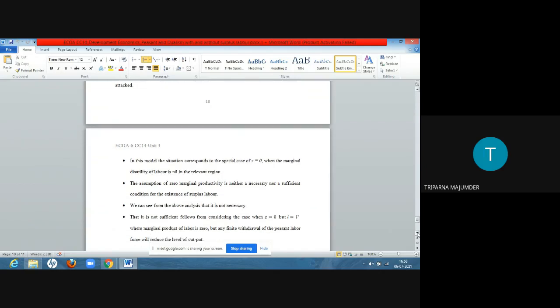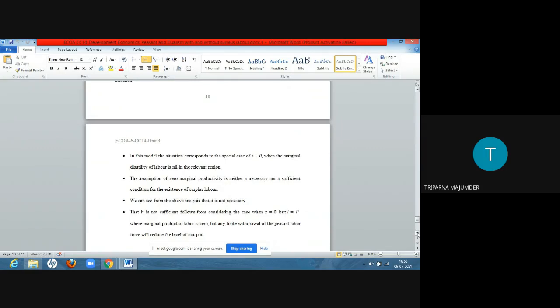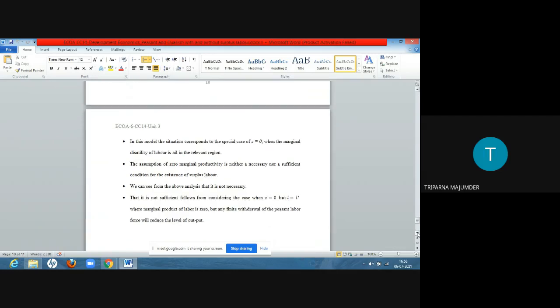Now, the assumption of zero marginal productivity is neither a necessary nor a sufficient condition for the existence of surplus labor. We see from the above analysis that it is not necessary, since we have derived the condition for the existence of surplus labor as L less than L star, when labor can be withdrawn in divisible units.